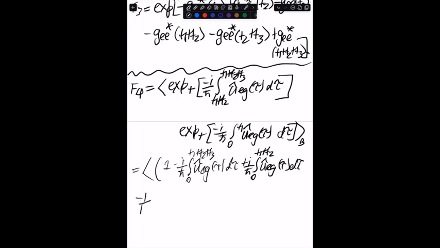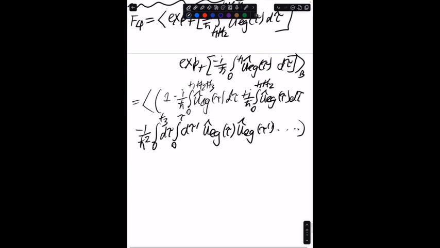Then you have a minus 1 upon h bar square from 0 to t3 d tau, 0 to tau d tau prime. You had eg tau, you had eg tau prime.